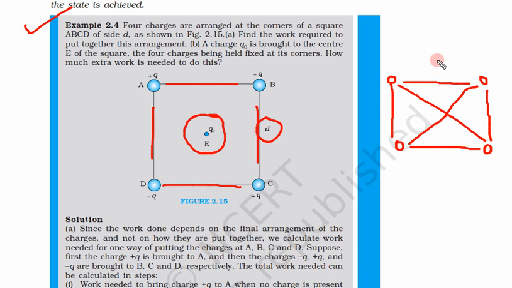So hence there would be six terms: first, then two terms for the second and third, and three terms for this.